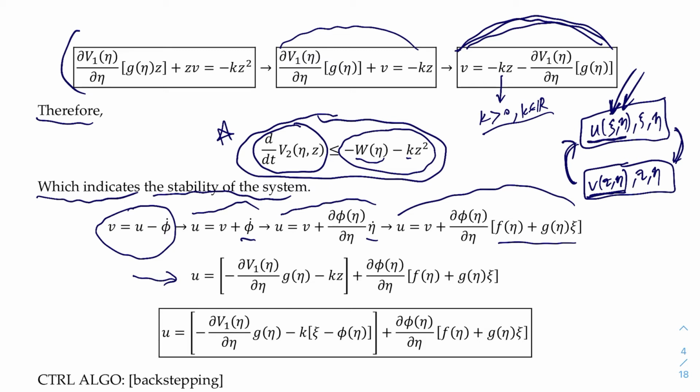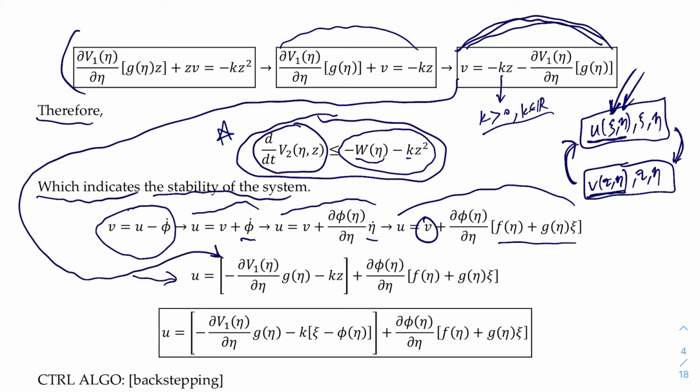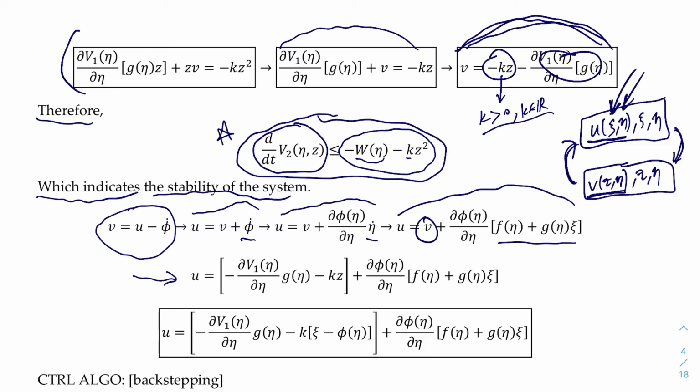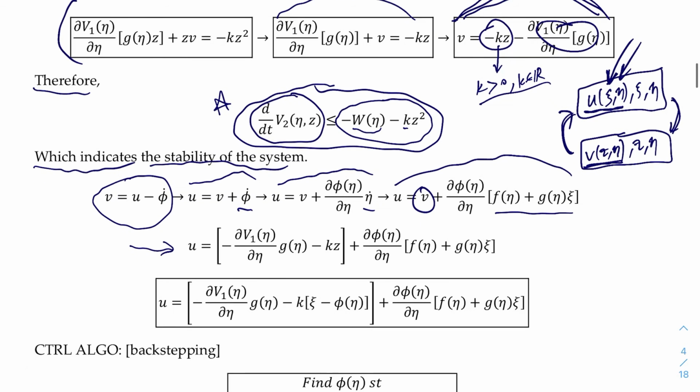I'm confused right now. Okay, yeah, we just substitute v. Yeah, where is v? Yeah, v is here. Okay, we just did that substitution, right? kz here, and v and g. Okay, this expression. Okay, so there is no problem here.